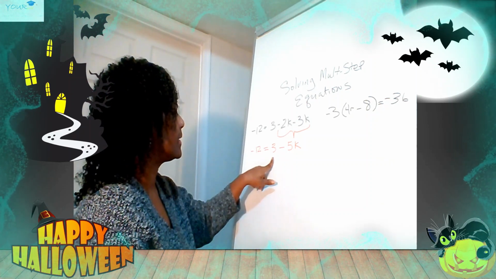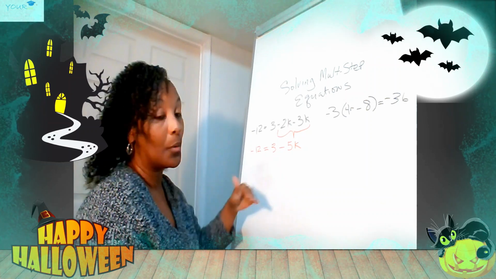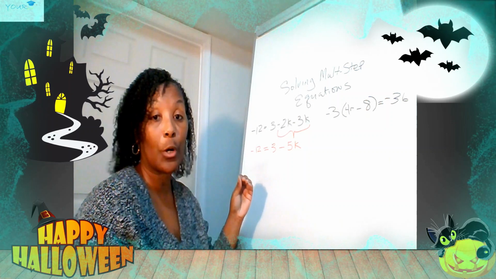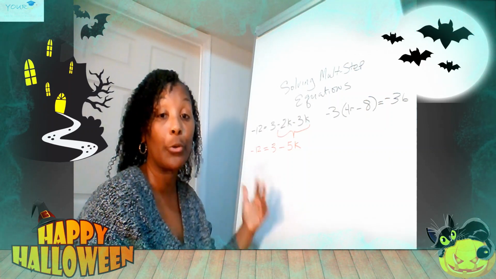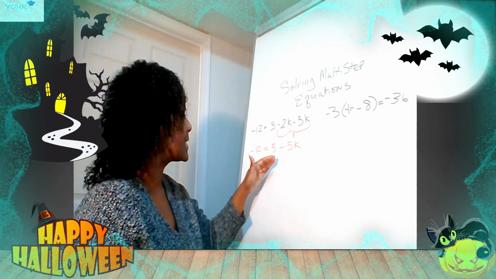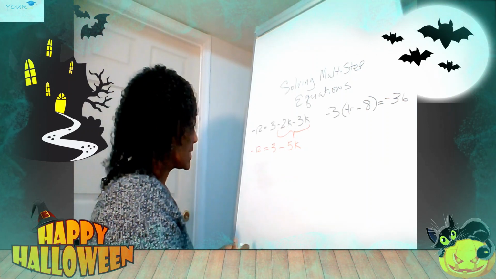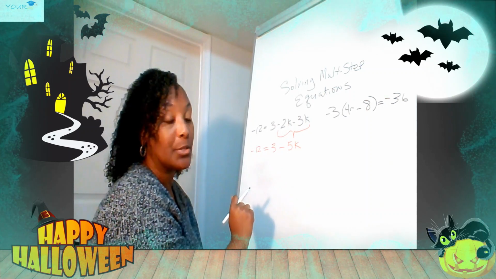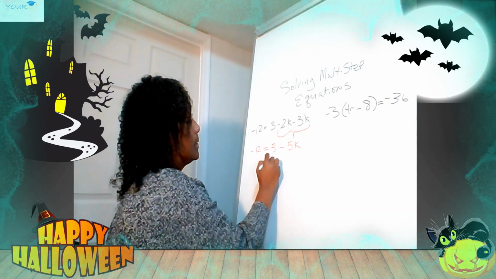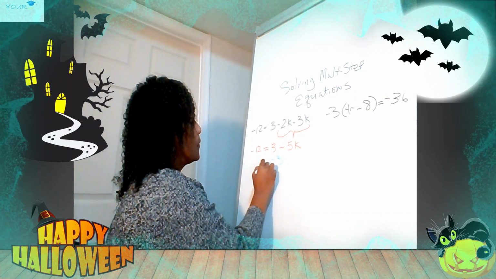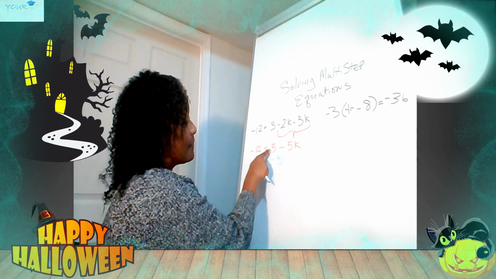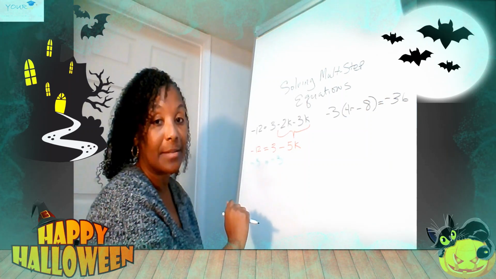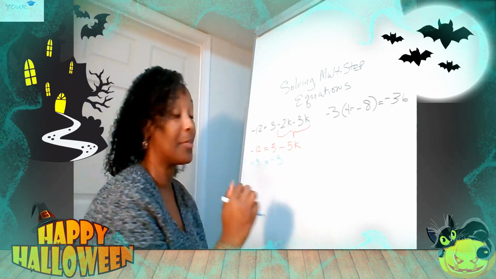The next thing that I need to do is, I know that I'm seeking to isolate my k, which is the variable that I need to determine the value for. In this case, I'm going to do that by first getting rid of my 3. The only way that I can do that is to subtract the 3 on both sides, because I have a positive 3, and if I subtract 3 from a positive 3, that allows me to cancel out my 3.